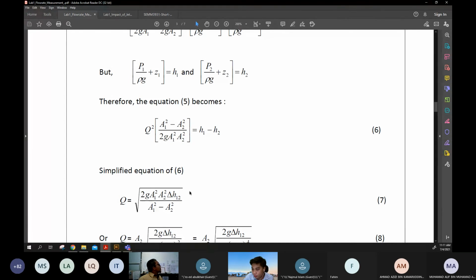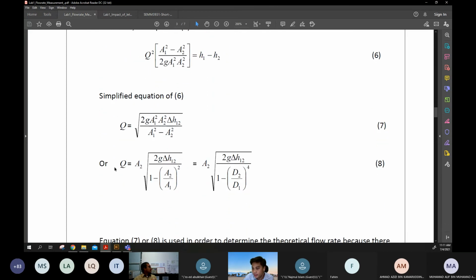Q equals the square root of 2g, where A is the cross-sectional area of the flow, A1 squared and A2 squared, times the change of elevation from 1 to 2, over A1 squared minus A2 squared. From here, we can get the flow rate.